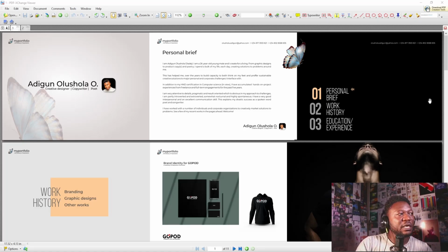I have with me here the portfolio from Adigun Olushola O. The first thing I noticed on Adigun's portfolio is the layout. This layout is suitable for printing and not for sending to companies for review.